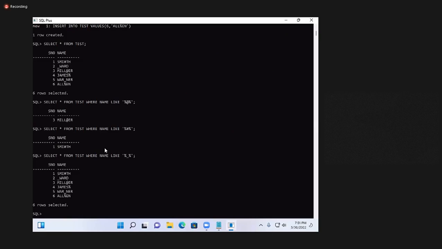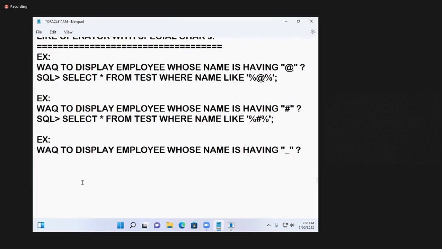The reason is simple, guys. The percentile and underscore are two symbols that by default are treated as wildcard operators.